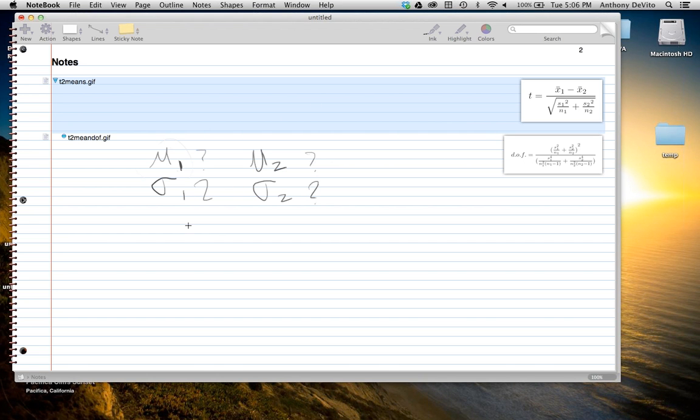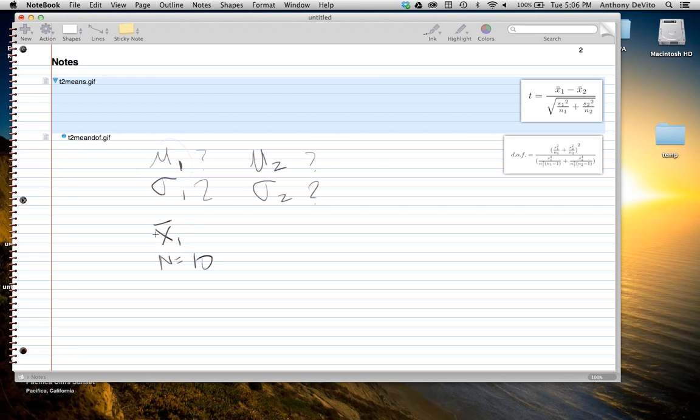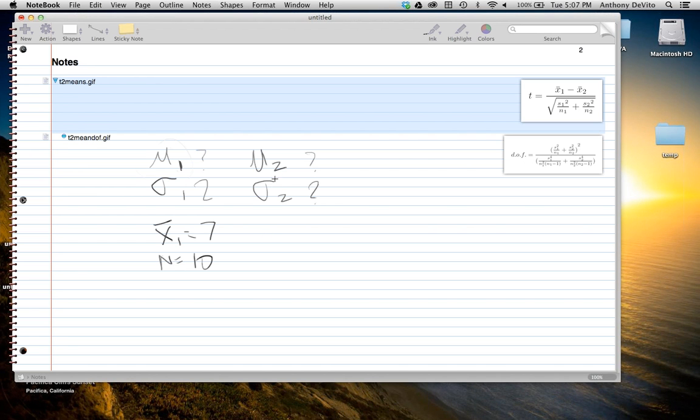When we sample these two populations, we find that the mean for sample 1, let's say it's a sample of size 10, comes out to be, let's say, 7. When we sample the second population, we don't know if they're the same mean or different means.